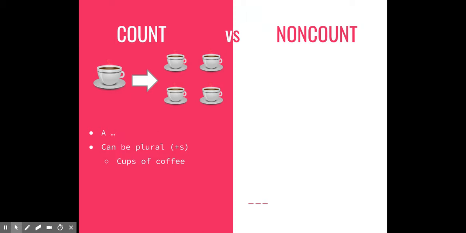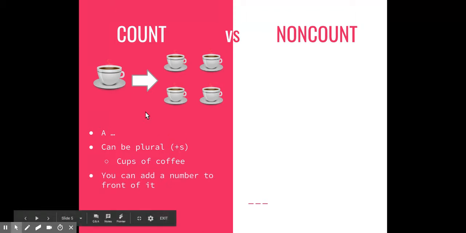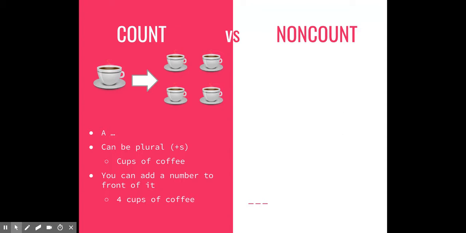Sheep, sheep. Okay. So we don't actually add S to these, but it can still be made plural by adding a number to the front of it. So 1 cup of coffee, 4 cups of coffee, 1 moose, 4 moose. Okay? All right. So there we go. You can count them. They can be plural, and you can add a number to it.